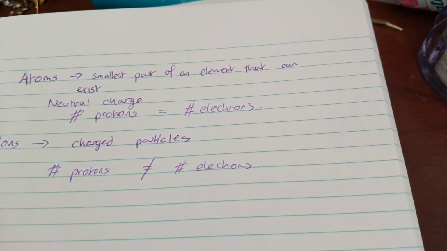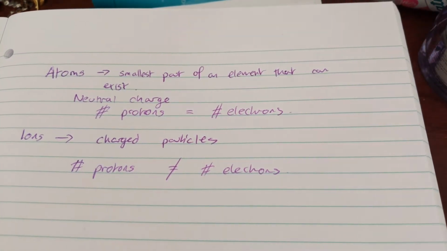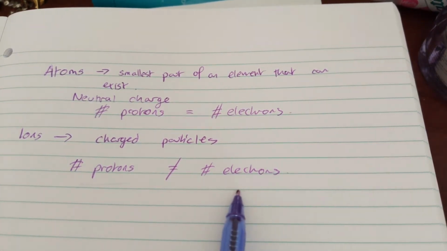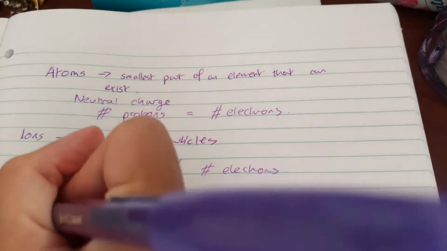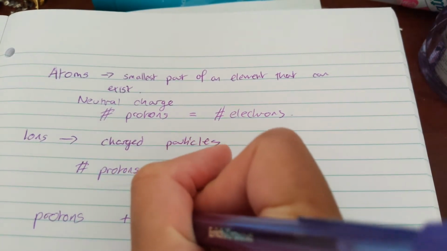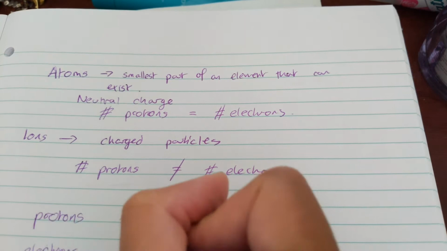Okay, so that's a key point. So ions are elements that are charged, usually because they've been involved in some sort of chemical reaction, and they are charged particles because that number of protons does not equal the number of electrons. And remember, protons, they begin with P and they're positive, and electrons are negative.